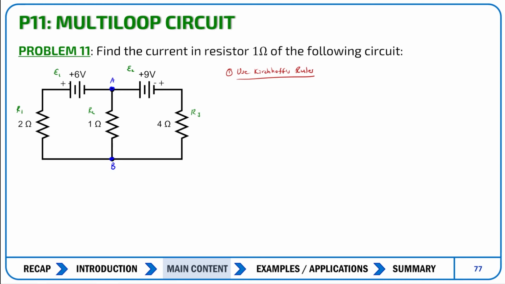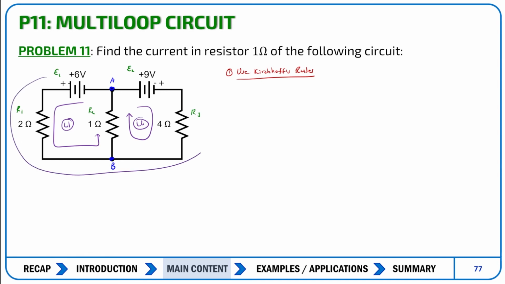So loop number 1, call this L1. Loop number 2, from positive to negative, we have this, so L2. And then the next one, we have L3.